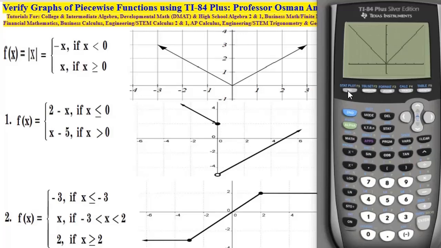Alternatively, you can also graph it as y equals minus x, and this is valid for x less than 0. Second math, less than 0.